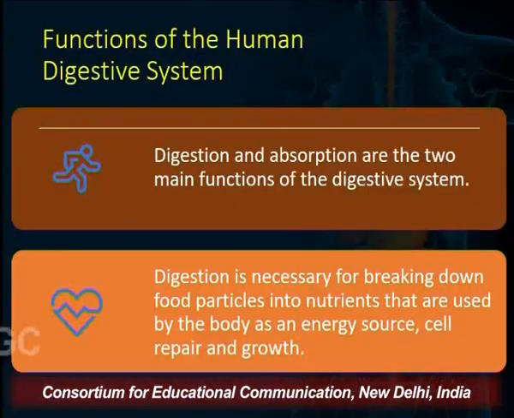Now we are going to study some functions of the human digestive system. The first one is digestion and absorption, the two main functions of the digestive system, as we have just learned. Digestion is necessary for breaking down food particles into nutrients that are used by the body as an energy source, for cell repair and growth.